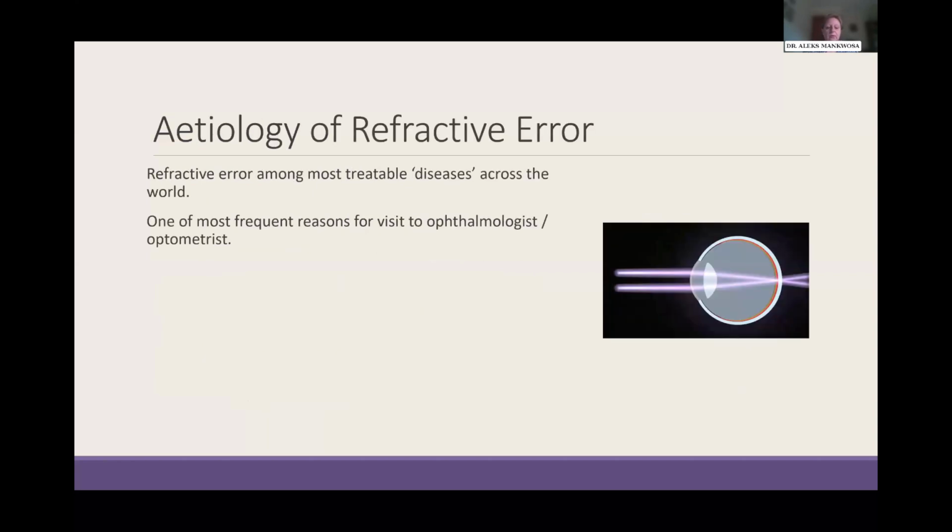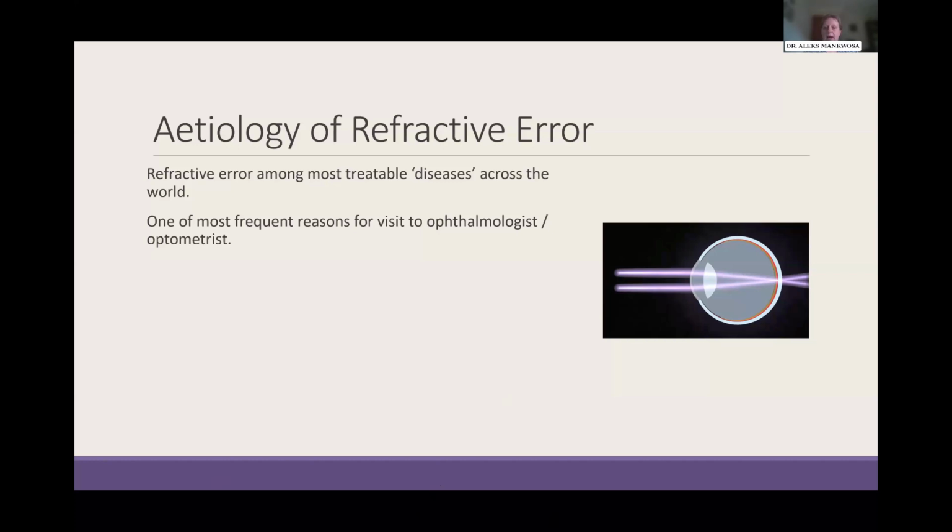In most cases, refractive error may be treated or corrected with either glasses or with contact lenses. A study in Germany from 2011 found that 21% of visits to the ophthalmologists were related to refraction problems. In the United Kingdom, our National Health Service estimates that over 13 million sight tests are performed annually.